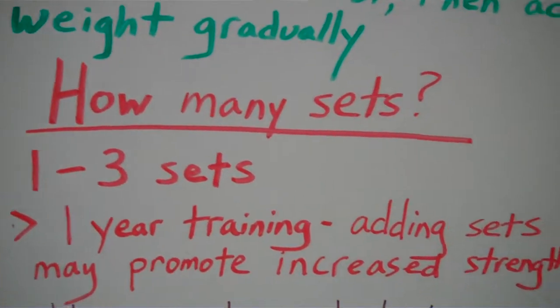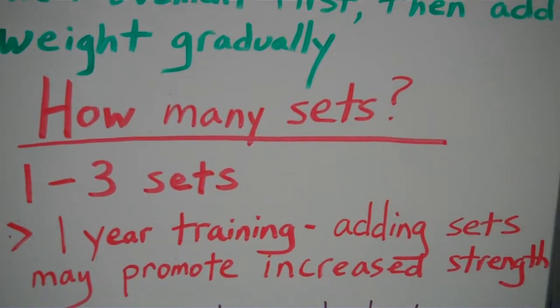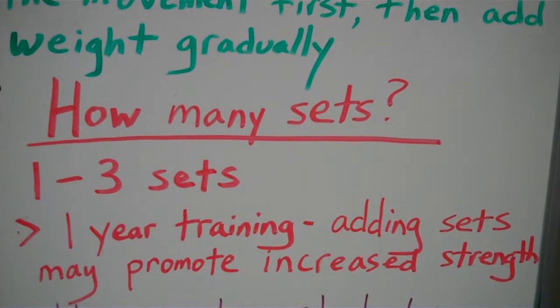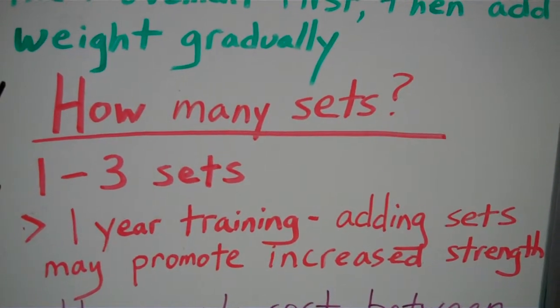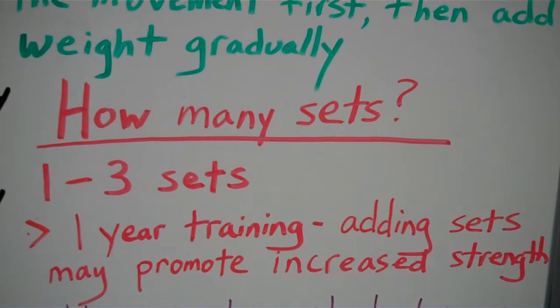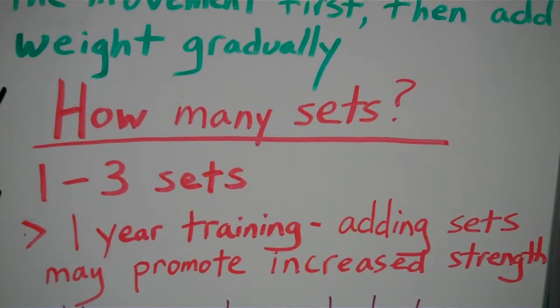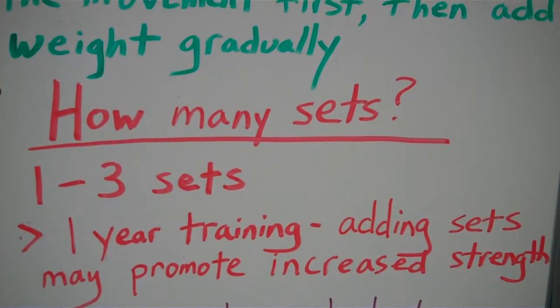There are several different factors to keep in mind as far as how many sets. Also, are you warmed up? How hard are you training, your experience level, and so on and so forth.